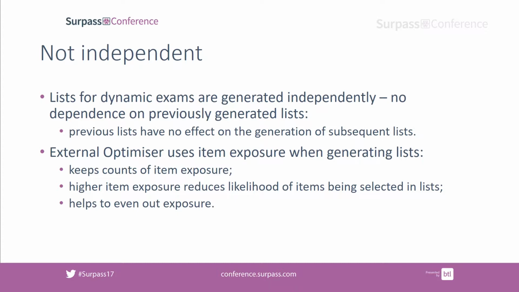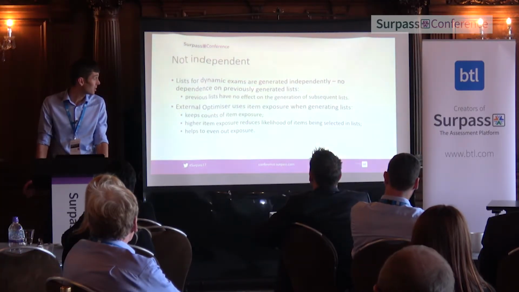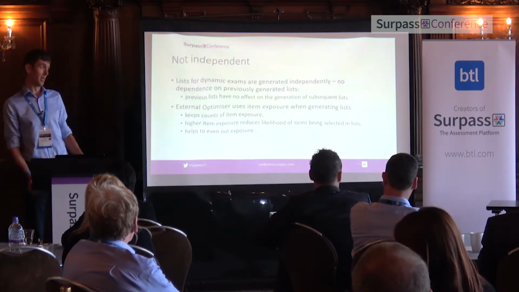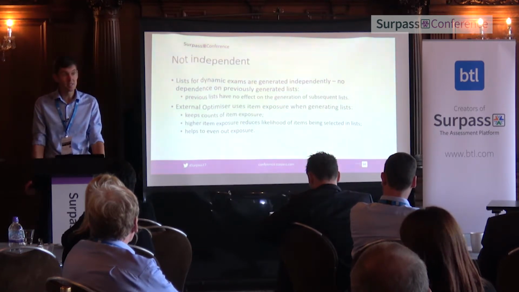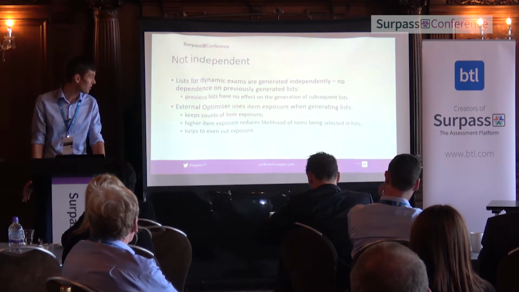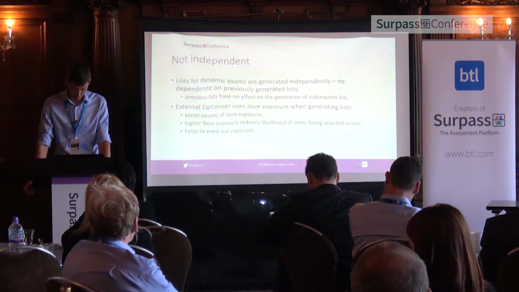What's been generated in the past has no effect on what's generated in future, so it doesn't do anything to control the exposure of your items. Whereas in External Optimiser, we're feeding back the data from the usage. So if item A has been used lots of times in the previous lists, then it's less likely to be picked later on. The idea of that is to try to even out the exposure, like we just looked at on Leanne's slides.